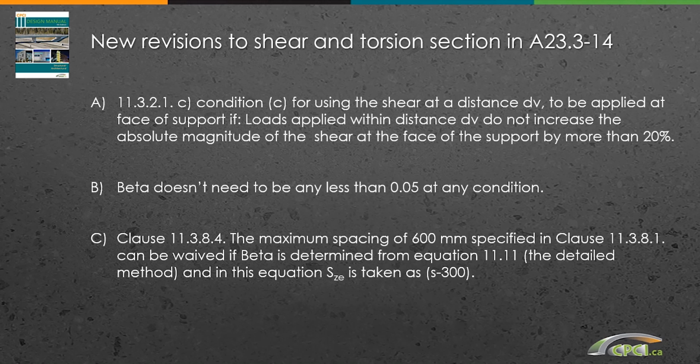Beta does not need to be any less than 0.05, and also the spacing of 600 millimeter minimum specified close to TNT can be waived if beta is determined from the detailed procedure, and therefore the accepted sub ZA can be taken as S minus 300. These are the only 3 items that have changed from the old code to the new code.